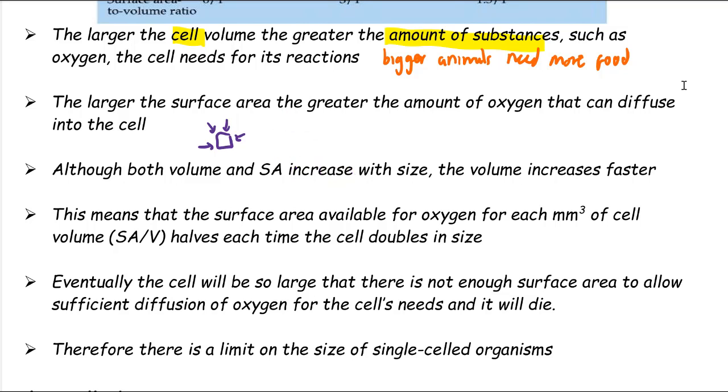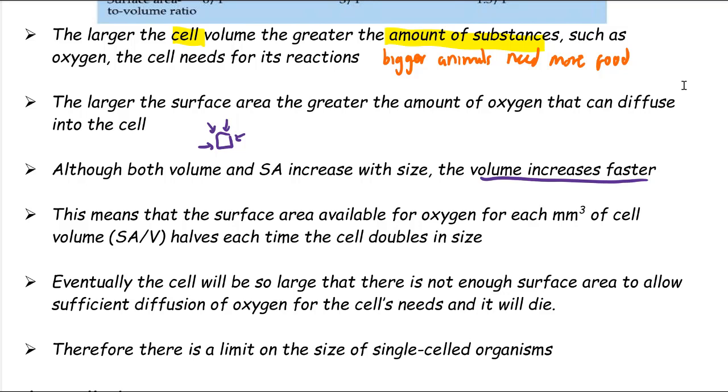Although both volume and surface area increase with size, the volume increases faster. This means the surface area available for oxygen for each millimetre of cell volume halves each time the cell doubles in size.